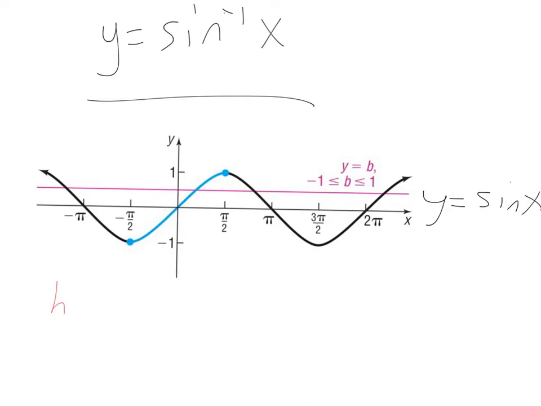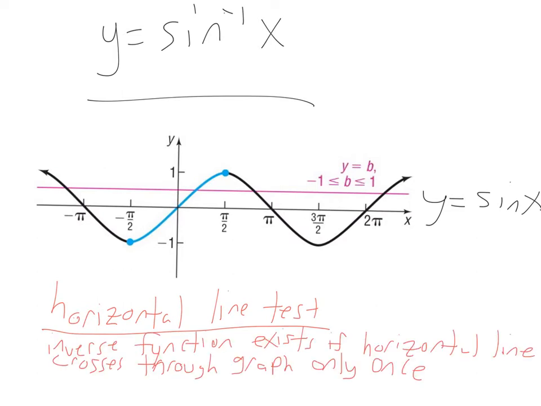If you've forgotten what that is, in short, an inverse function exists if a horizontal line crosses the graph only once. You see how, if we look at the domain of sine of x as all real numbers, this random horizontal line fails the horizontal line test.